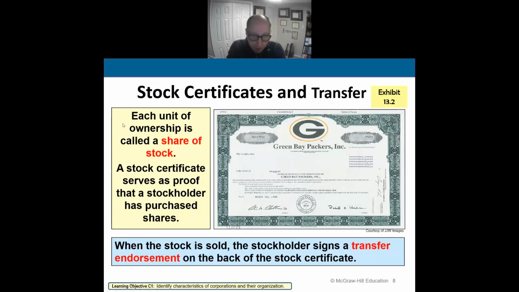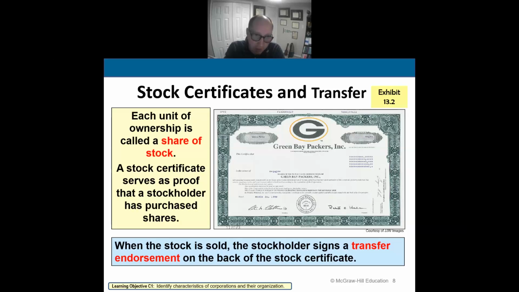Now, this is a little old, and I think some companies might still do it, believe it or not, but these days it's all digital. Stock certificates. When you buy a stock in a company through one of the exchanges or through a brokerage account like TD Ameritrade or Robinhood, whatever you like, you receive this thing called a stock certificate.